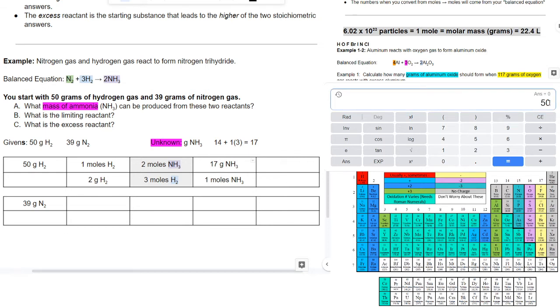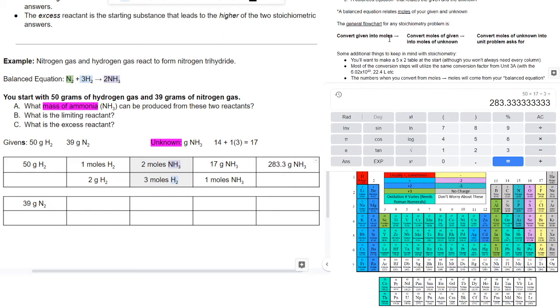Now we'll plug that in the calculator. Since we have 2 both on top and bottom, we can just cancel those out. If you type them both in, you'll get the same thing. So not a huge deal. We'll get 283.3 grams of NH3 for our first table.